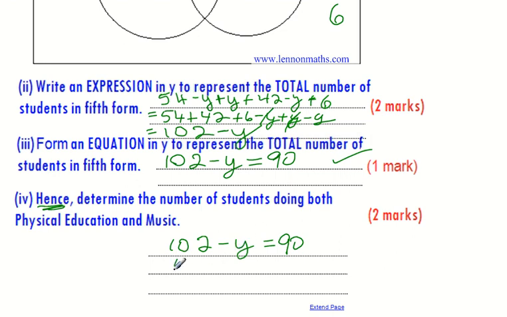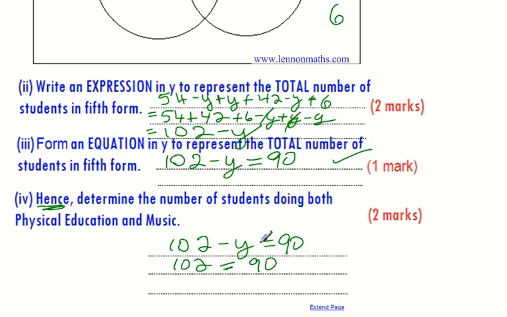So we'll have 102. If we add y here, these two will cancel, and we'll have just 102 on that side. And then we're going to have equal 90.